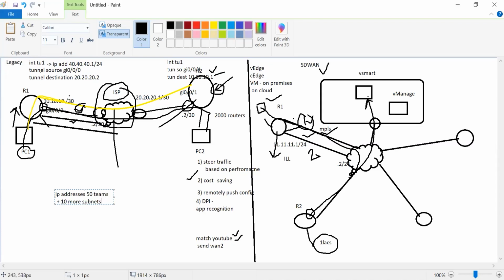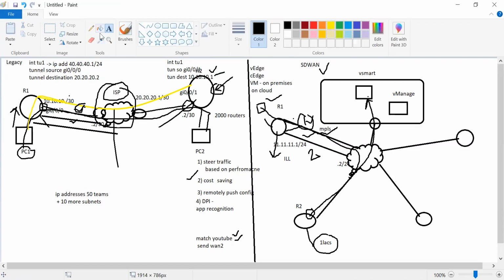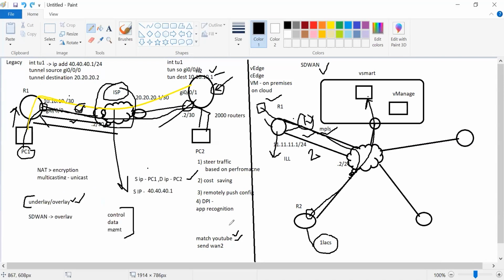You need to change these statically. And imagine if you have 2000 sites, you need to make the change on all 2000 sites for these 10 subnets. But with SD-WAN, you are still sitting on your chair idle because you have already specified match Teams. So this is another advantage that we have with SD-WAN, application recognition.